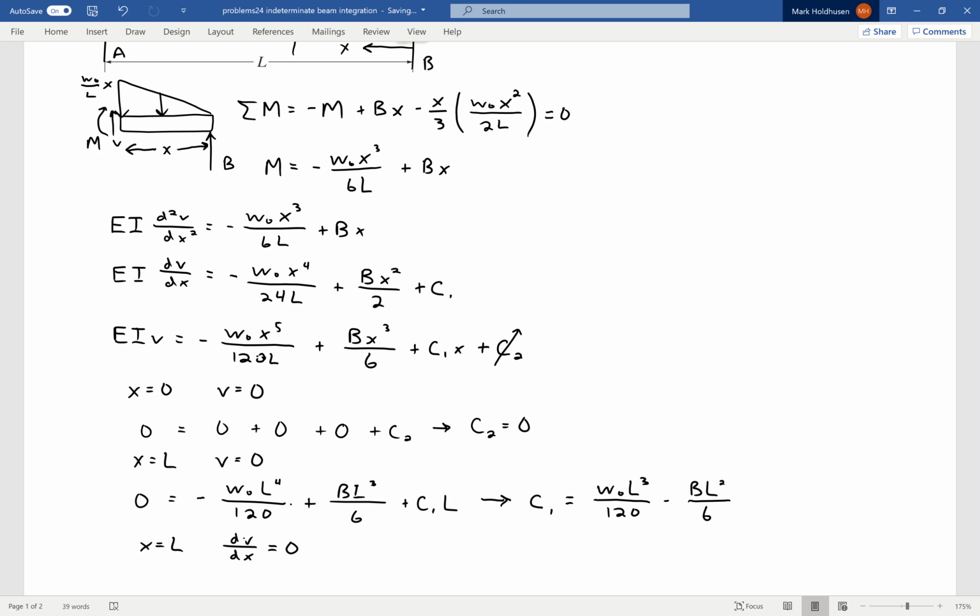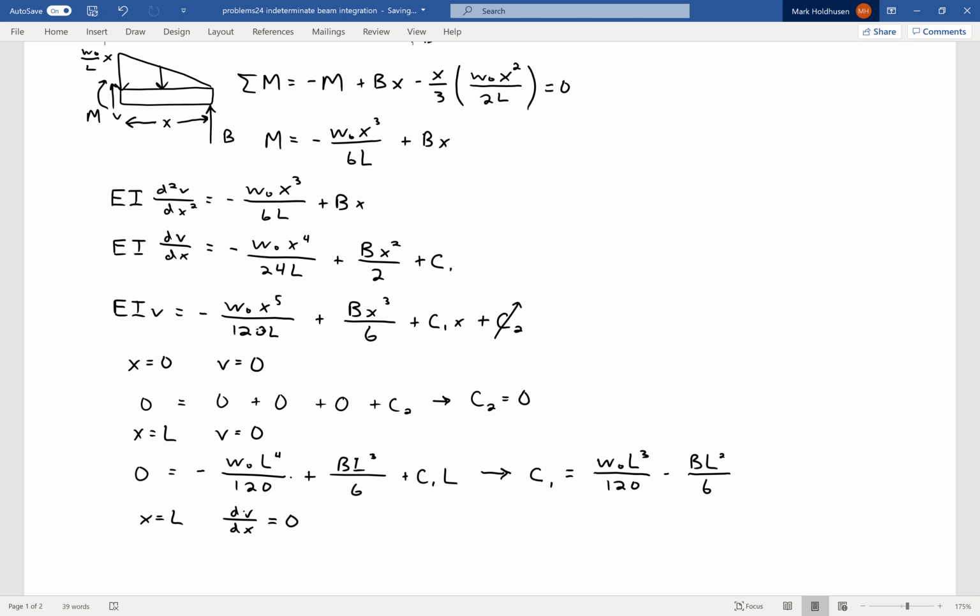So I'm going to use that slope equation that I have up there, and I'm going to say 0 then equals negative W L cubed, and again that's because I'm plugging in L for x.